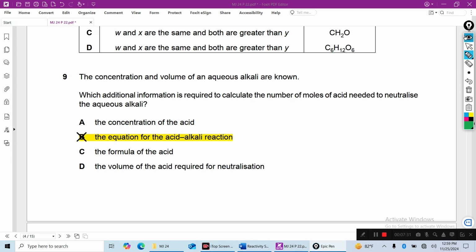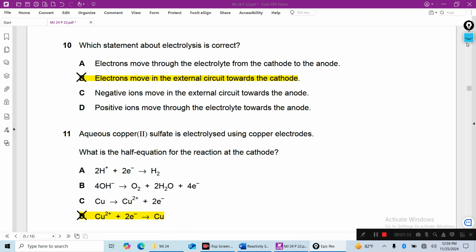Next, which statement about electrolysis is correct? B is the correct answer. Electrons move in the external circuit towards the cathode. Yes, in the external circuit, electrons move to the cathode.